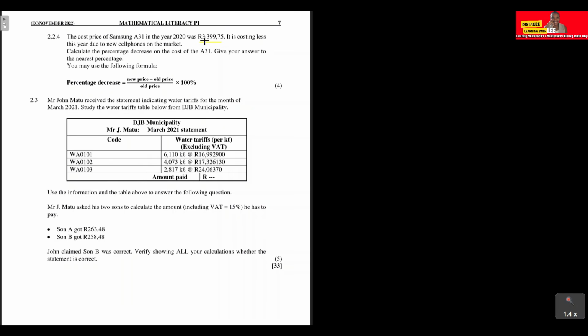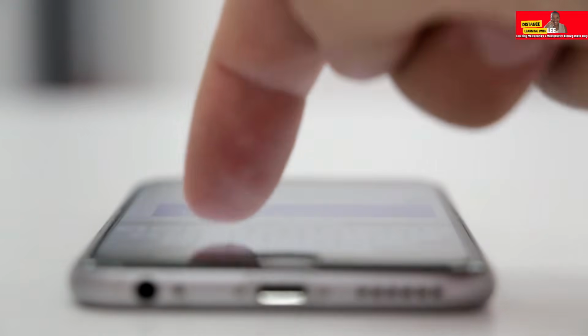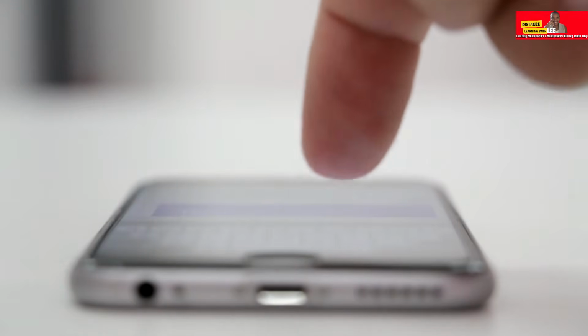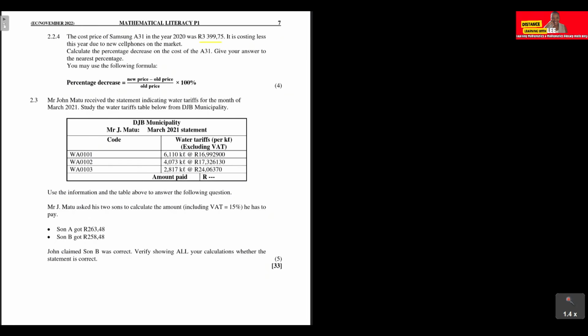We are told that it is costing less this year due to a new cell phone on the market, so the cost price of the Samsung A31 has gone down. Now we need to calculate the percentage decrease on the cost of the A31, and give our answer to the nearest percentage.